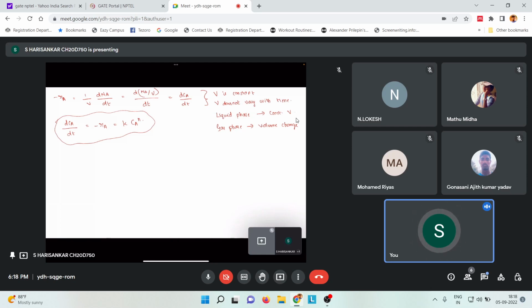In very simple terms, the order of a reaction is an experimental quantity. It is basically the sum of the exponents of the concentration terms. This is the very simple explanation for order of a reaction, and k, as I said, is the rate constant.